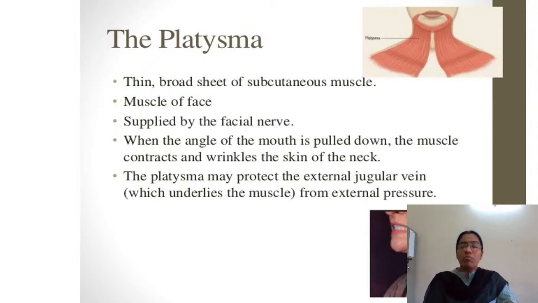Among them, the one muscle extending from the neck to a part of the pectoral region, up to the second intercostal space, is the platysma muscle. It is a thin broad sheet of subcutaneous muscle, and because it is a facial muscle, it comes under the face.